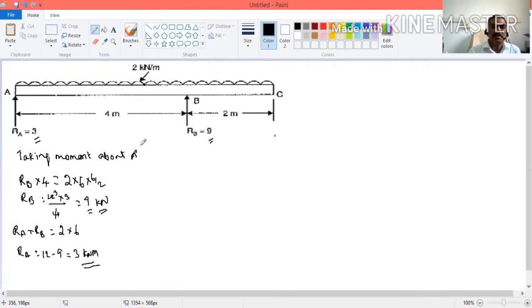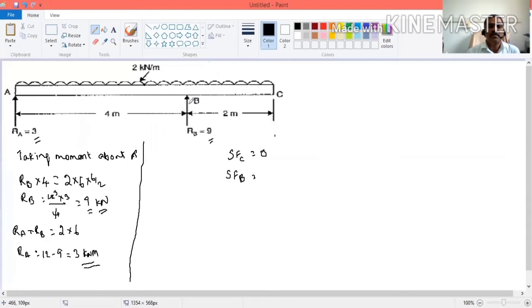The next step is drawing the shear force diagram and bending moment diagram. First you find the shear force. Shear force at C is equal to 0, as there is no force here. Then for shear force at B, when there is a point load, you calculate two times, one without the point load and one with the point load.